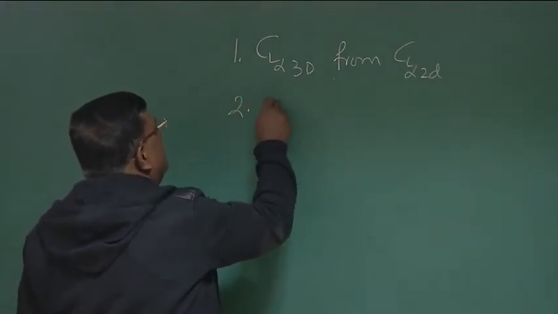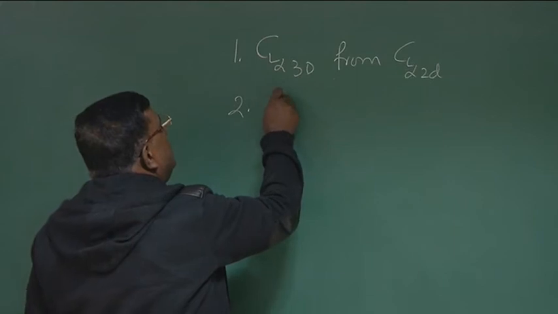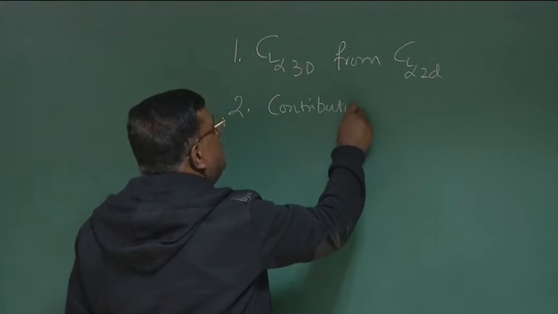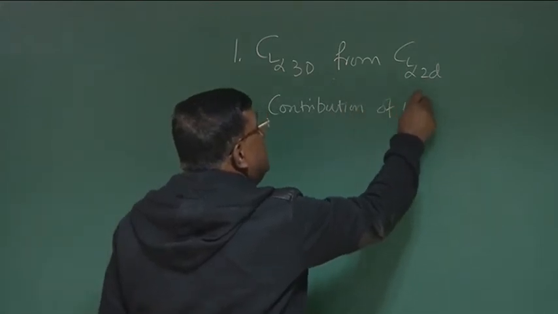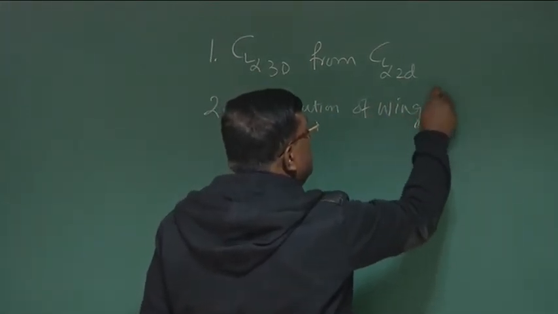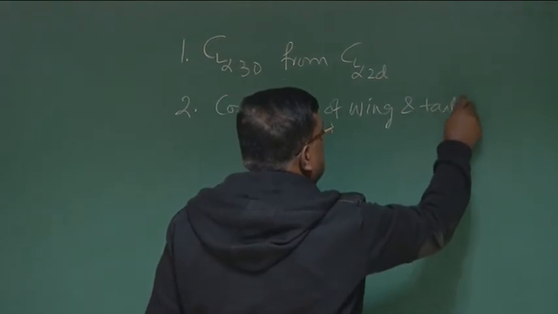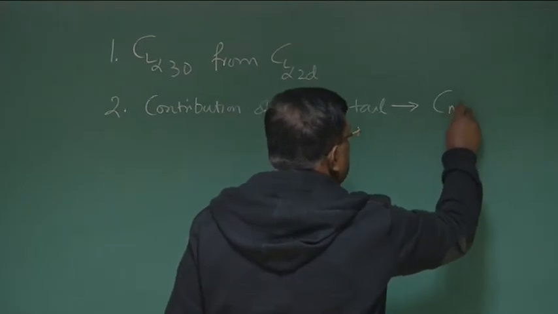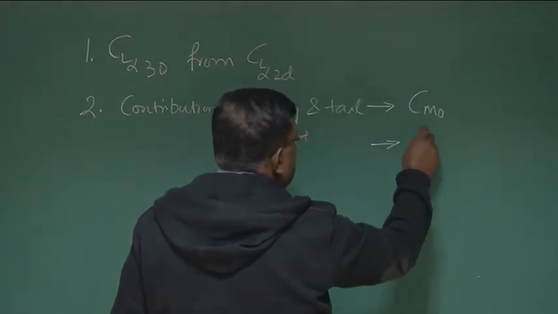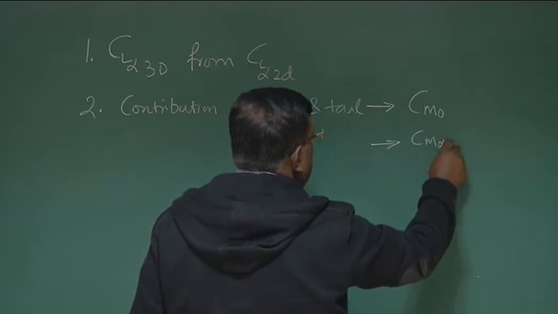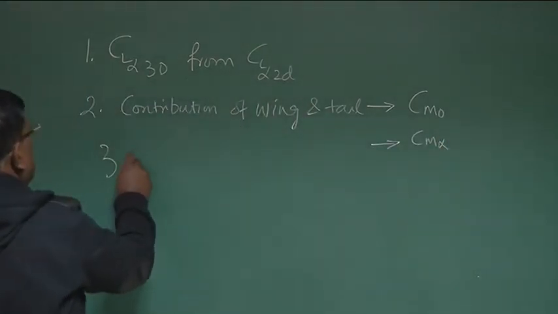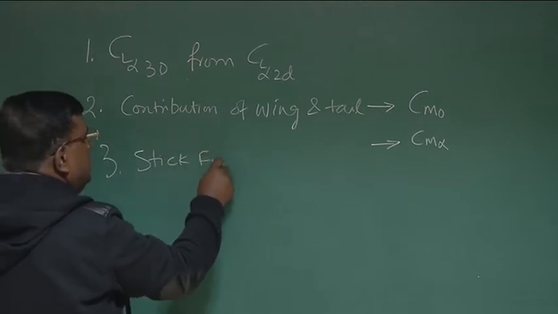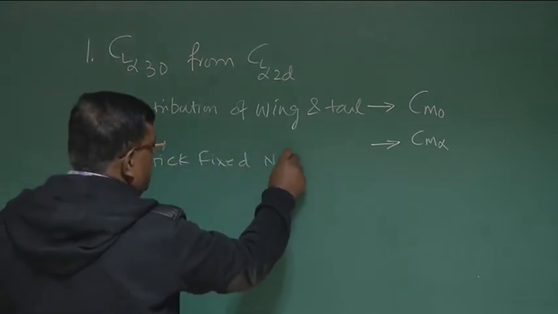Number two, it will also cover the contribution of wing and tail towards Cm naught, towards Cm alpha, and third, stick fixed neutral point.